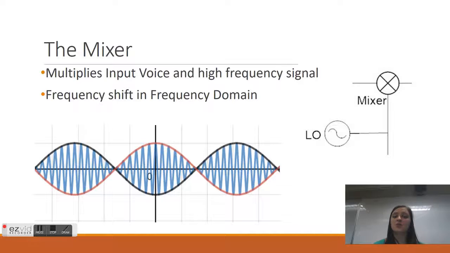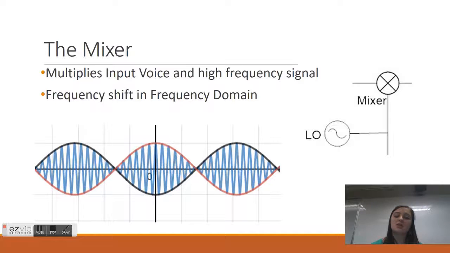And then, we know that if you multiply two signals in the time domain, this is just convolution in the frequency domain. Although because the high frequency cosine wave can be written as complex exponentials, we can now say that this is a frequency shift, and therefore the new signal will be at high frequency.